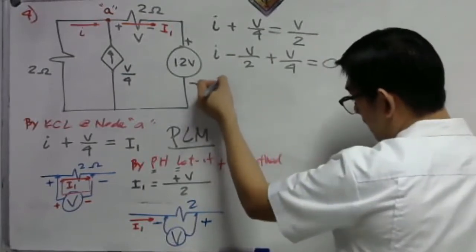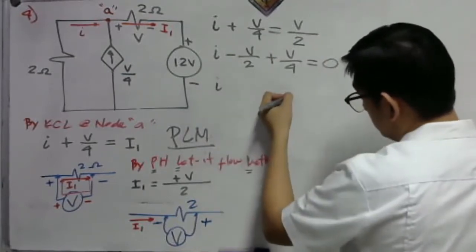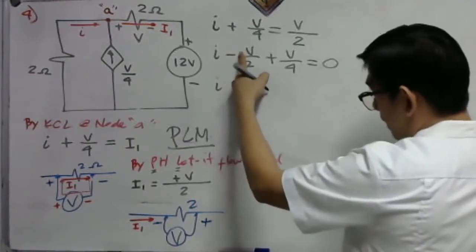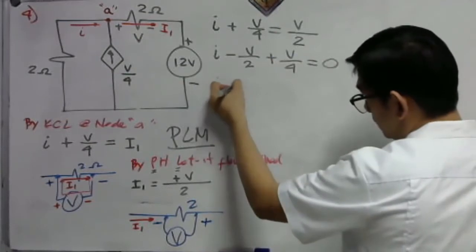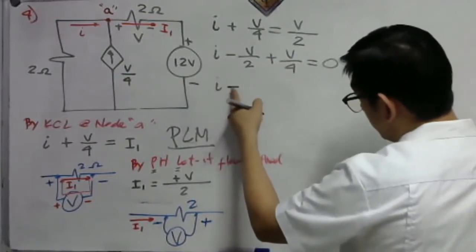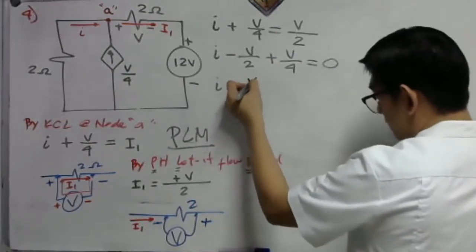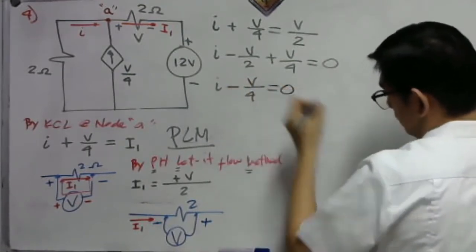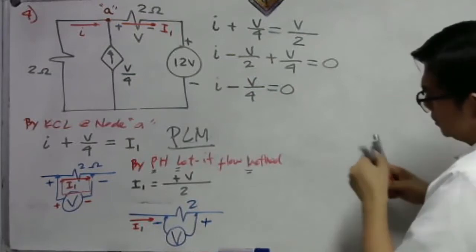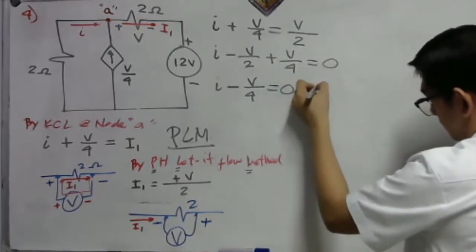Our I here will become negative 1/2 plus 1/4, that will become negative 1/4, or negative B over 4, equal to 0. So we now have our equation number 1.